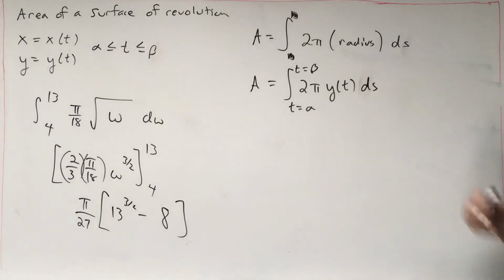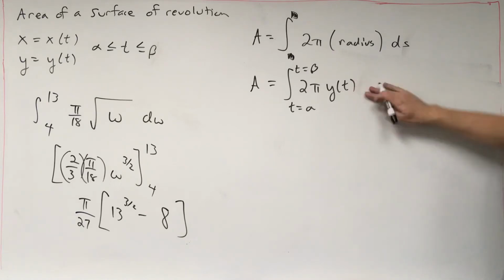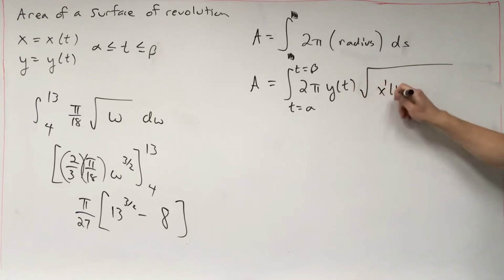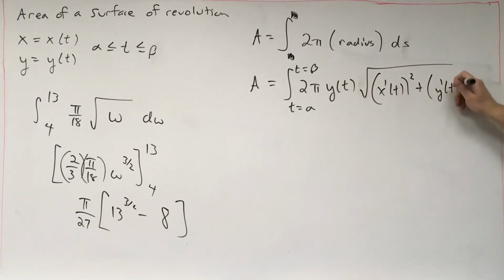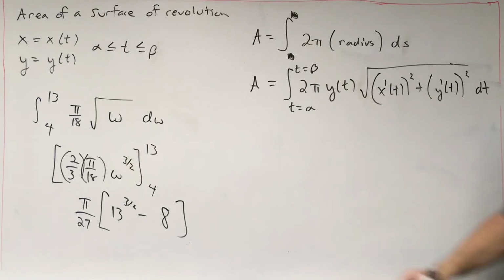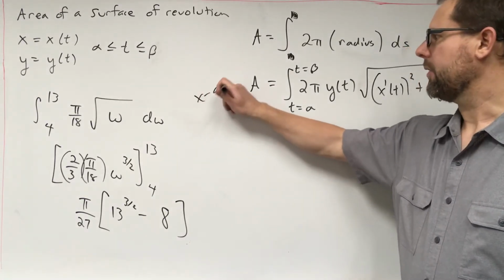And ds can be that big, nice square root: x prime of t squared plus y prime of t squared dt. But this is if you're going about the x-axis.